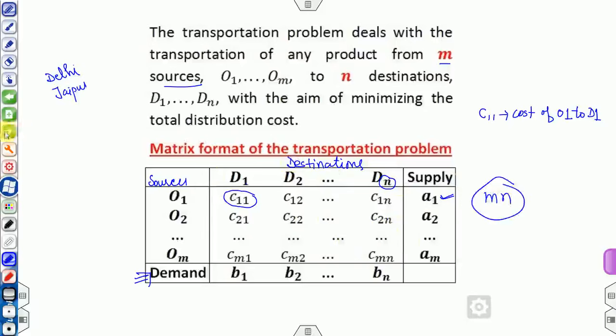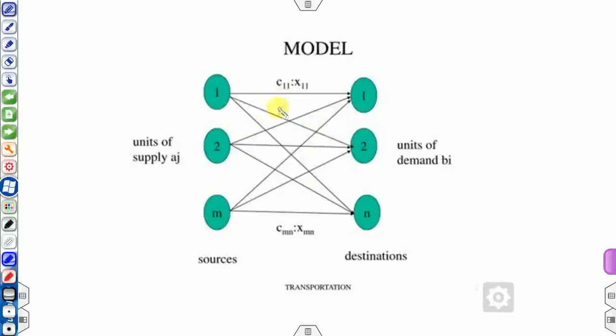Okay. So in order to represent this in model form, if I consider these are my sources O1, O2, up to OM, and these are my destinations, each source can send its products to each destination. Similarly O2 and so on up to ON.